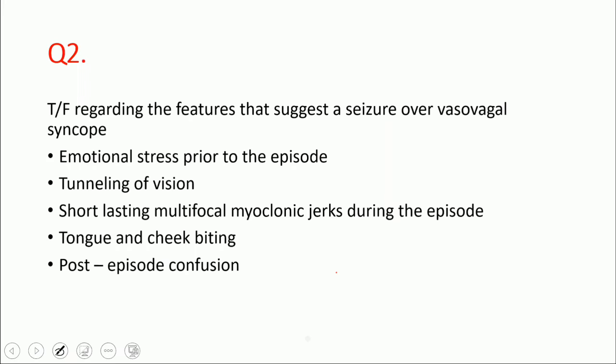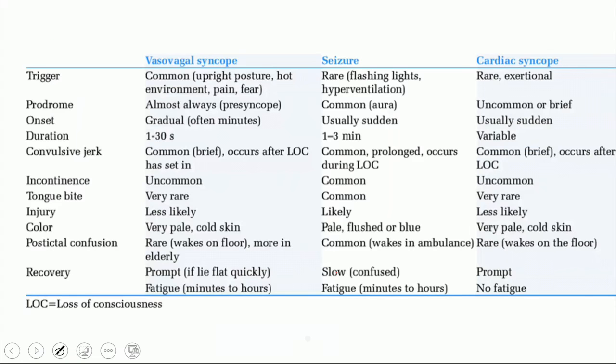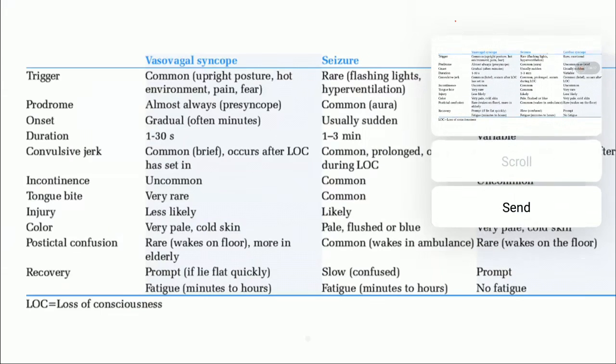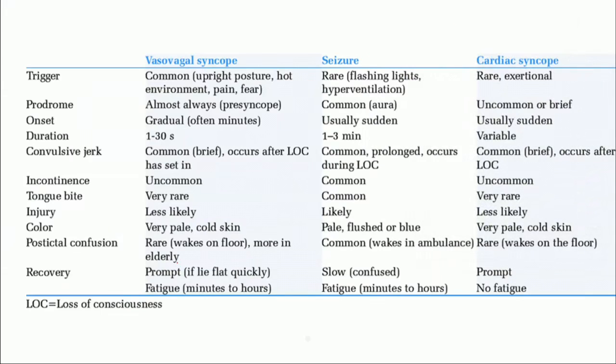So what are the differences between a seizure and vasovagal syncope? Now, this table gives you a comparison between these two disorders, right? So it gives you seizure in the middle and vasovagal syncope on the left and cardiac syncope on the right. But I will just go through some of these points in this MCQ, right?